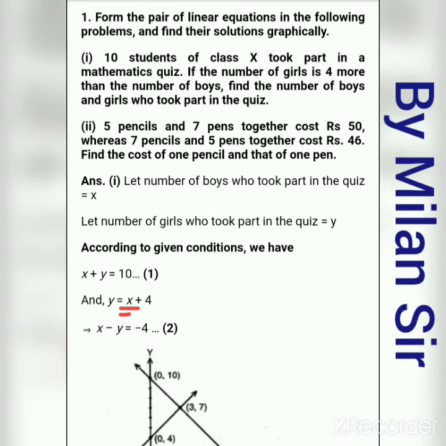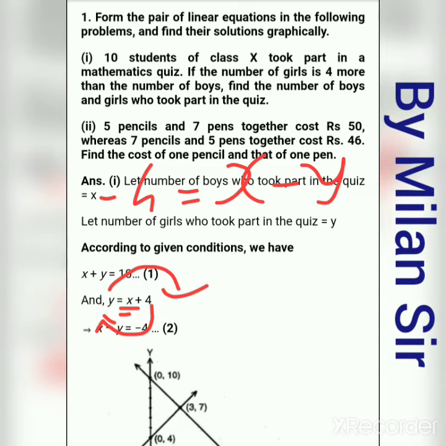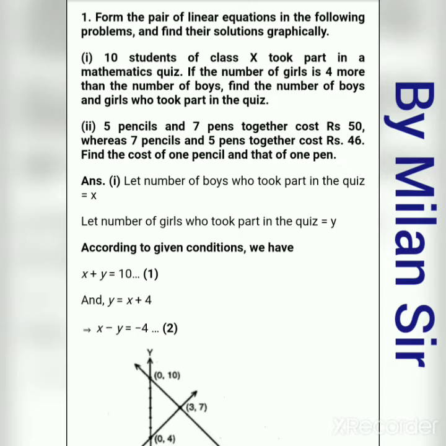So we transfer y to the left hand side and 4 to the right hand side. Then y becomes minus y and this 4 becomes minus 4. So finally, x minus y is equal to minus 4.